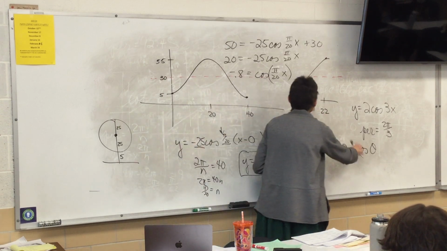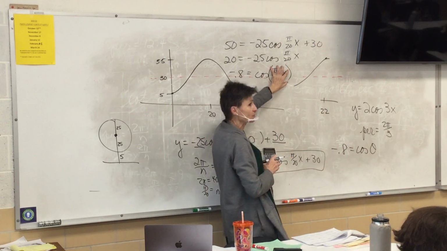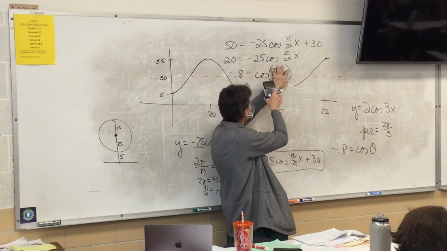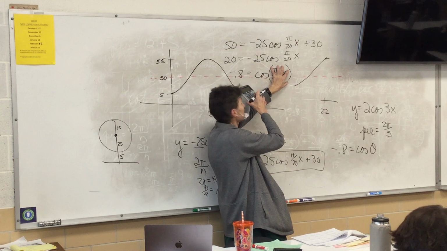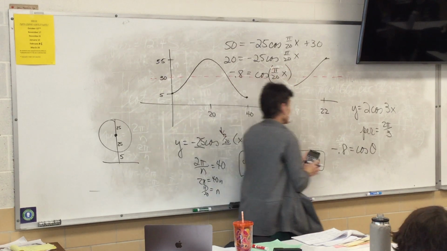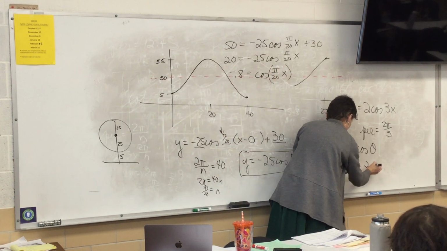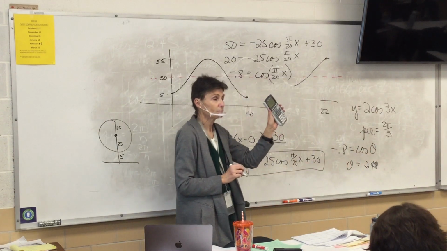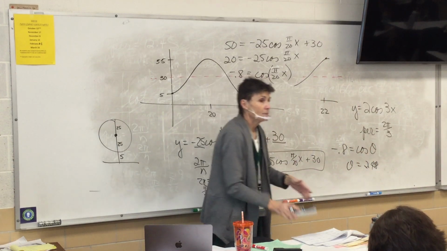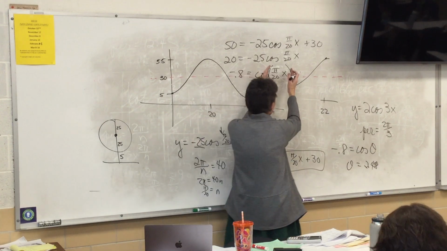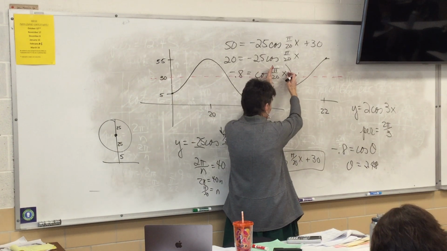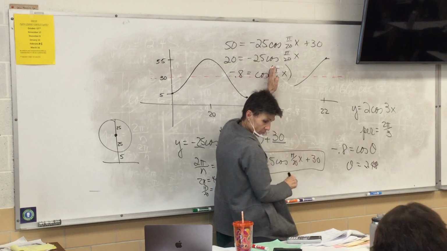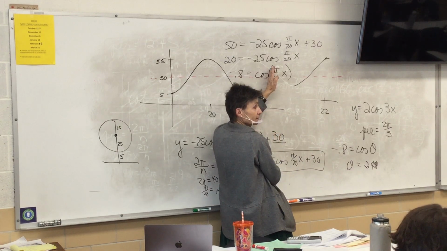The angle, and again, what it's called is irrelevant. The angle that you take the cosine of to get negative 0.8 is 2.498. Is that what you got? So this angle right here is 2.498.